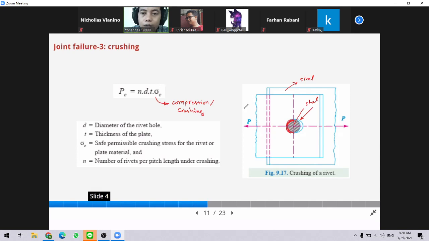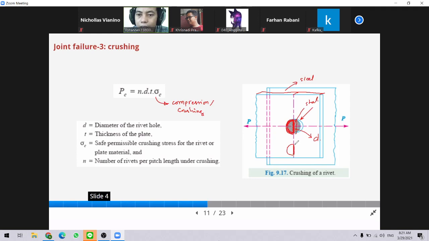And here we have the crushing area. The crushing area is the projection of the contact area. Here the contact area is half of a circle, but the projected area is actually here. So here we have the diameter, and this plate has the thickness. I will redraw here.